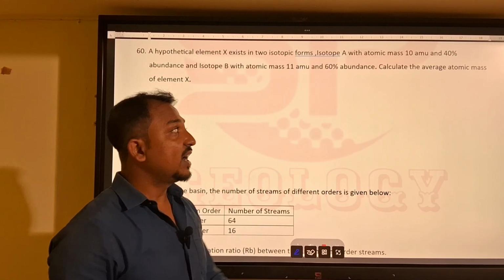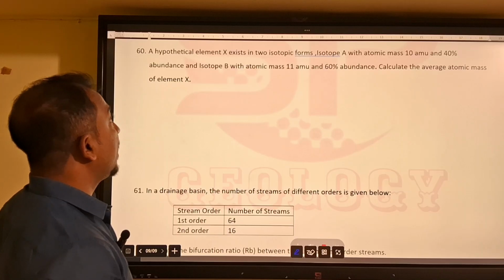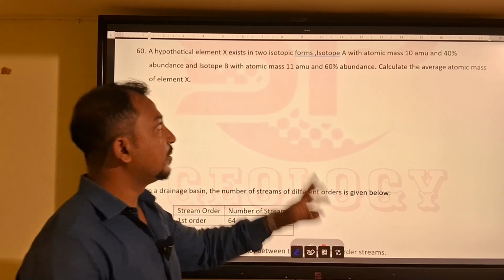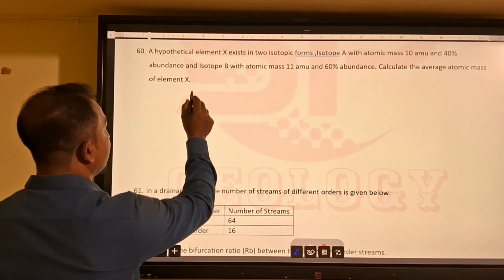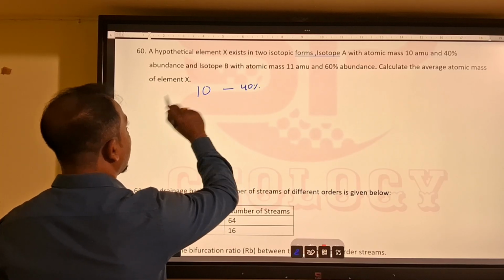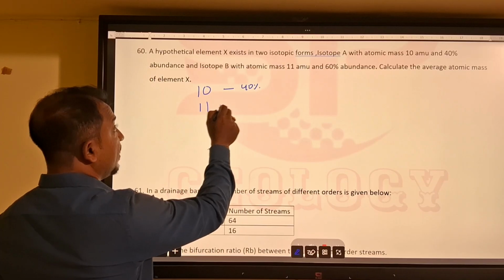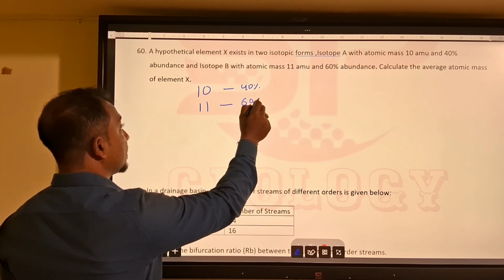So next is also a similar type of question. So try to solve this. You have a hypothetical element X existing as 2 isotopes. Isotope A atomic mass is given as 10 with an abundance of 40%, and isotope B atomic mass unit is 11 with an abundance of 60%.